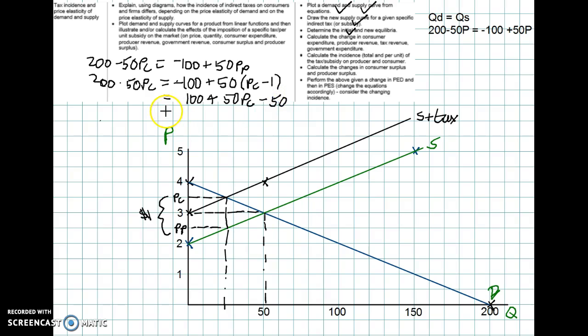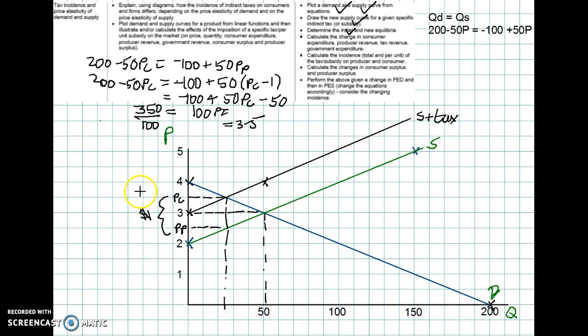Then we add the 100 to both sides and add that 50 to both sides. So we get 350, and that leaves the 50 PC to this side, giving us 100 PC. Then divide both sides by 100, and that gives us 3.5.